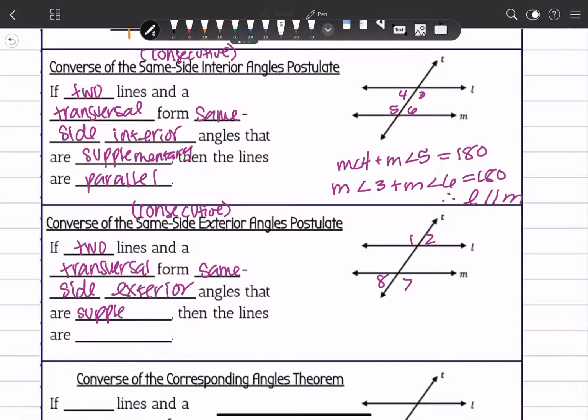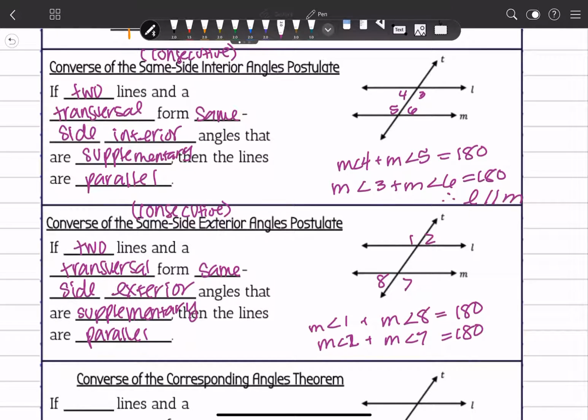You want to be shown that your two same side exterior angles are supplementary. Then you can say that the lines are parallel. So if the measure of angle 1 plus the measure of angle 8 equals 180, and the measure of angle 2 plus the measure of angle 7 is 180, then you can prove that line L is parallel to line M.